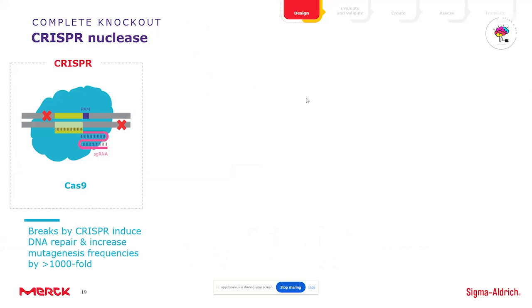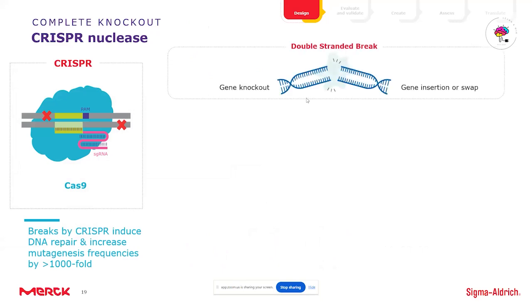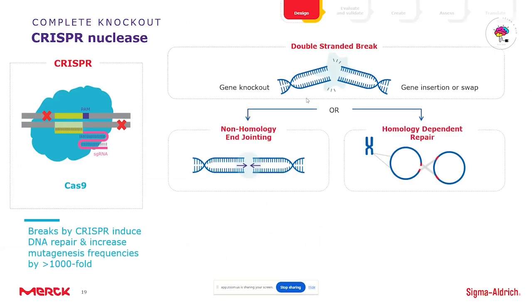What we are talking about essentially is a double-stranded break. It will create a break within the sequence that will lead to a homology-dependent repair or a non-homologous end joining.